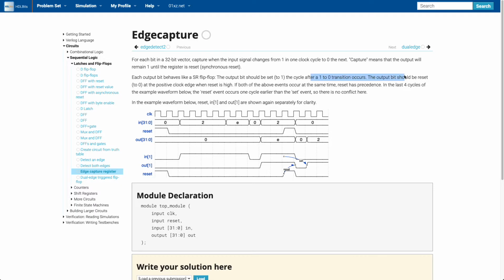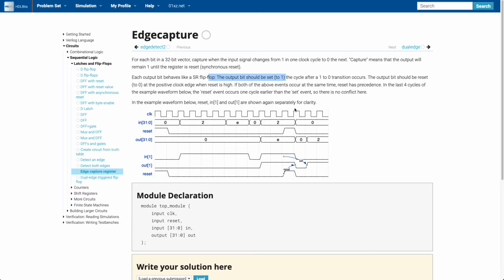So I'm detecting 1 to 0 transitions and then setting this output to 1 one cycle after. Synchronous reset, if both at the same time reset has precedence. In the last 4 cycles of the waveform, reset occurs 1 cycle earlier. 1 to 0 transition.